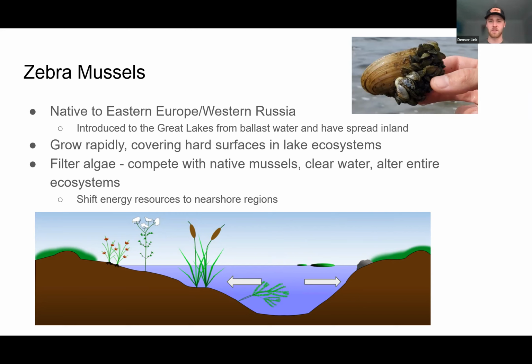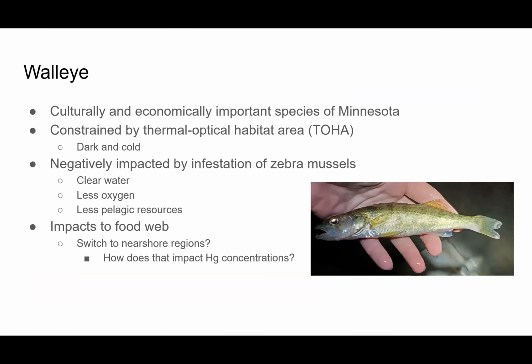That leads us into the second player of this story, which is the walleye. Walleye are a culturally and economically important species in Minnesota. Not every lake has walleye, but still a lot of lakes and economies depend upon the important resource that walleye are to the state. Biologically, they're constrained to a thermal optical habitat area, or TOHA.